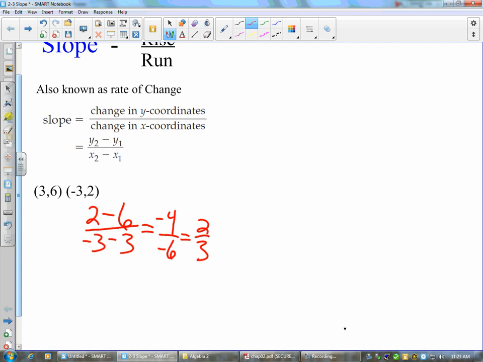So the slope of the line that goes through (3, 6) and (-3, 2) is 2/3. That means rise 2 and run 3. Every point on that line will rise 2 and run 3.